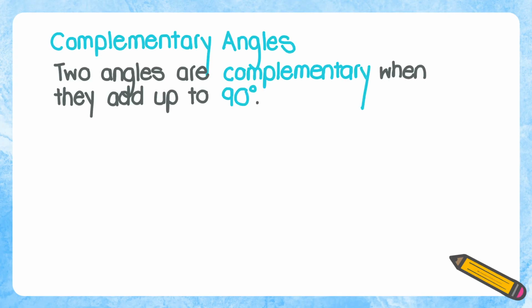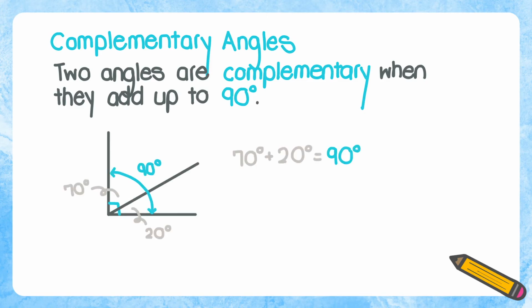Next, let's look at complementary angles. Two angles are complementary when they add up to 90 degrees. Notice how these two angles here add up to 90 degrees, so they are complementary angles.